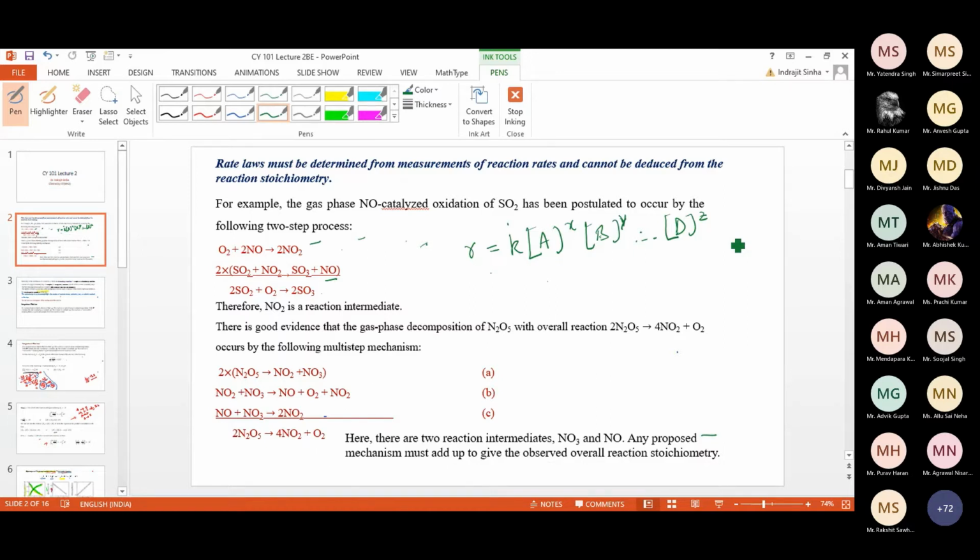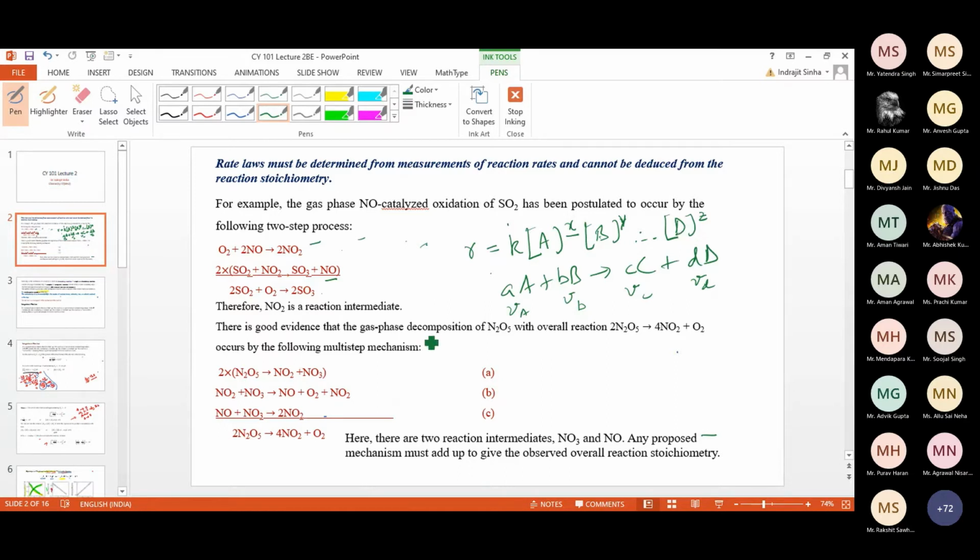Remember that you have A plus B gives C plus D, and obviously these are the respective stoichiometric coefficients nu A, nu B, nu C, and nu D, right? So we were saying that if we can raise this to some power and write the rate law in this manner, then we can talk about the order of the reaction.